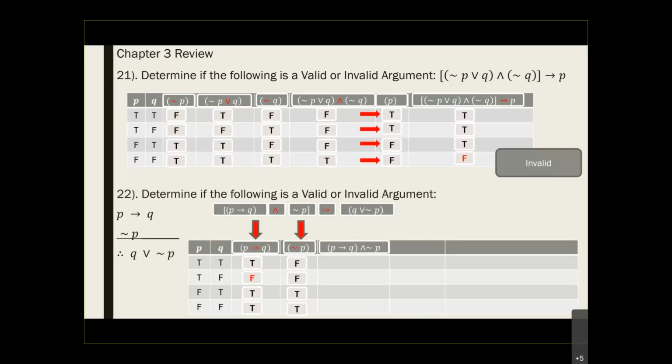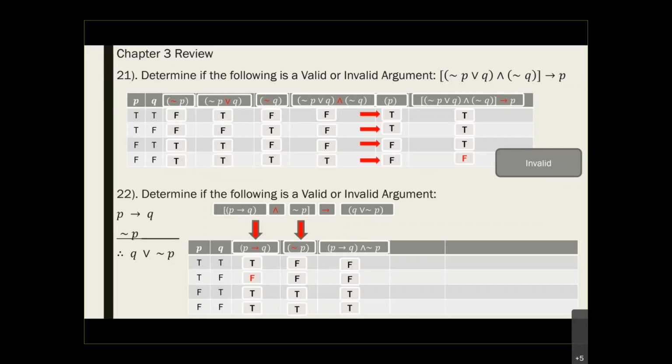So the first two rows are false because I see a false, and the last two rows are not false. Those two red-arrow columns are the ones I compare. I don't care about P or Q. So I'm done with my bracket.